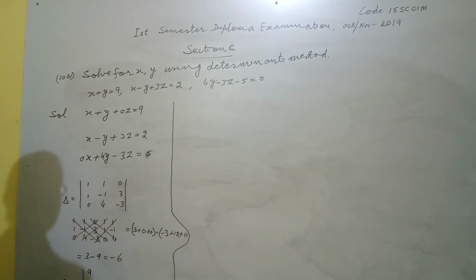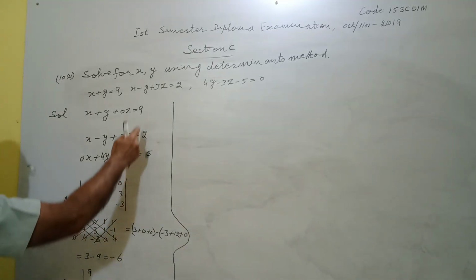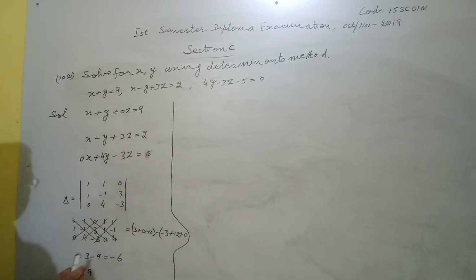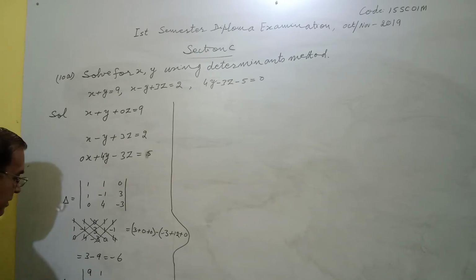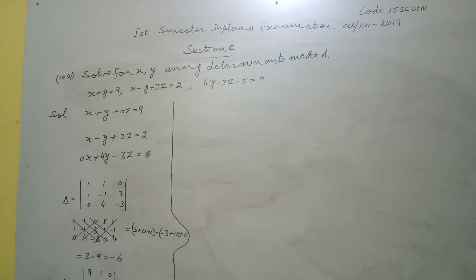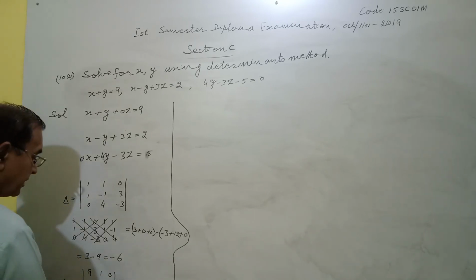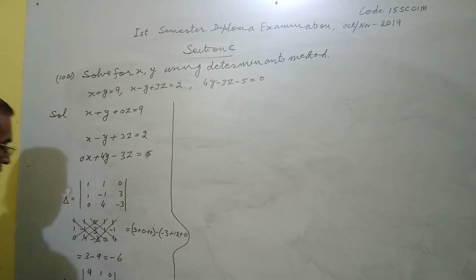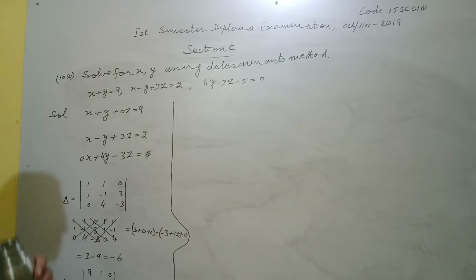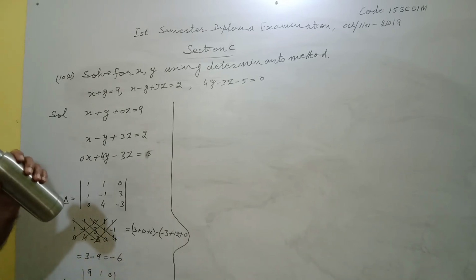Now replace the x column by 9, 2 and 5, y column as it is, z column as it is. Find its value. Now this value you can find yourself. This value will come out to be minus 63. You can solve it yourself now, as the first one I have solved.